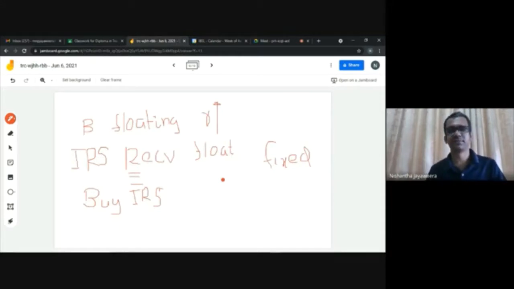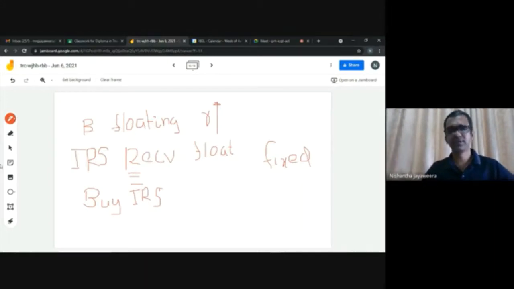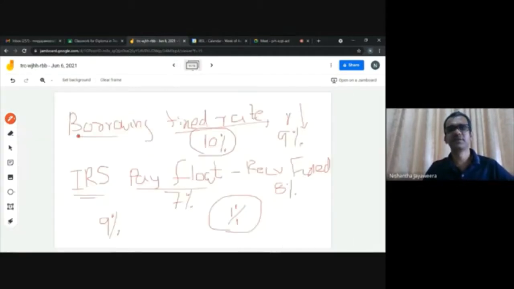That's the concept. Whenever you say you buy IRS, you agree to receive float and pay fixed. So in this instance, you have a borrowing at a floating rate, you buy an interest rate swap. So in the previous case, you have an asset at a fixed rate, you sell an IRS, pay float.